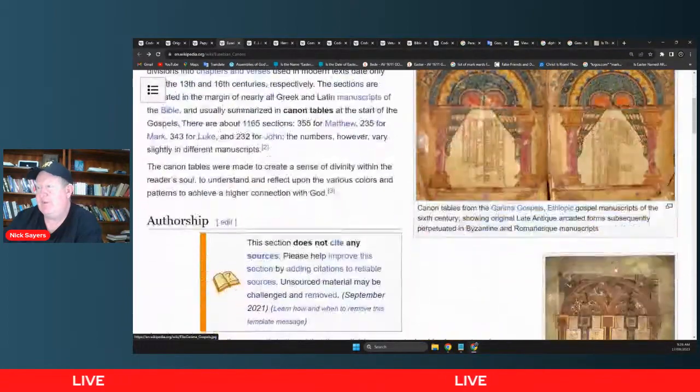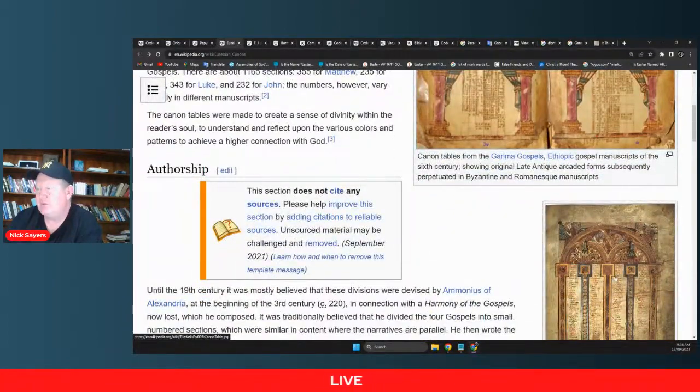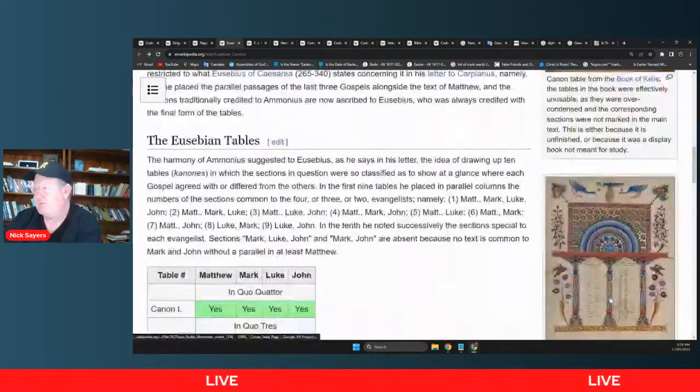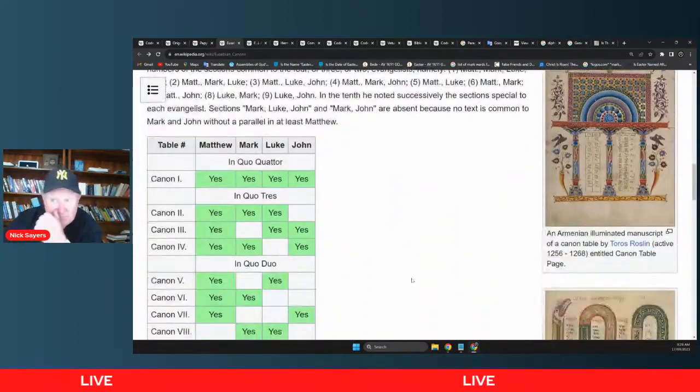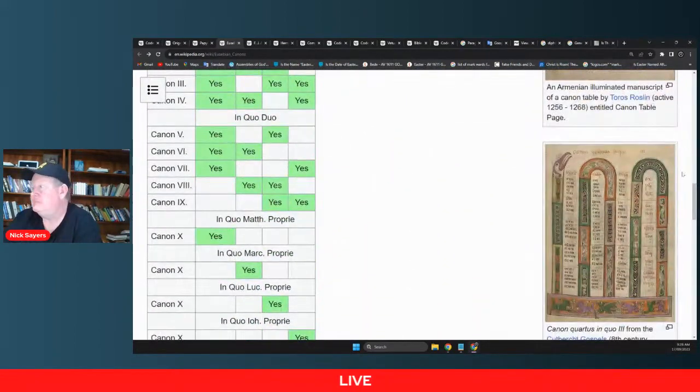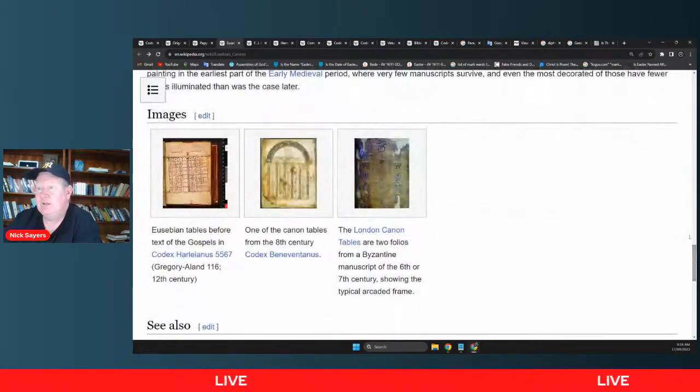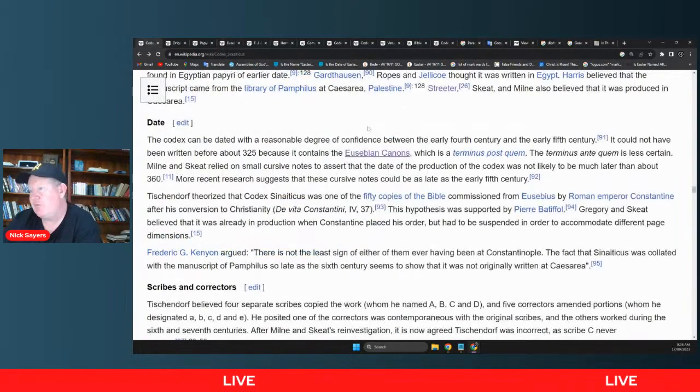And you would have 1, 2, 3, 4 Gospels. So most of the time it sort of looked like this. Okay, so just to give you an idea, we'll go through the Eusebian canons.